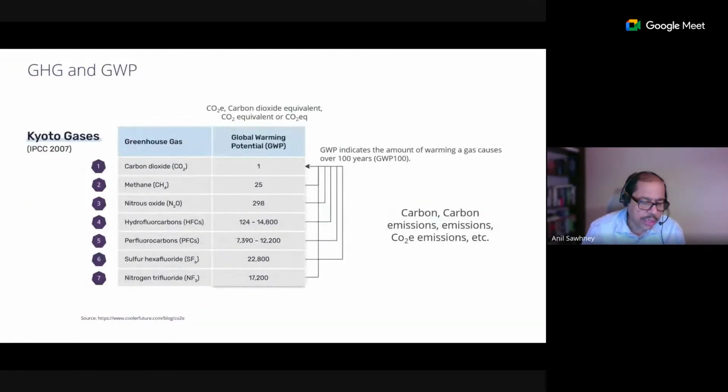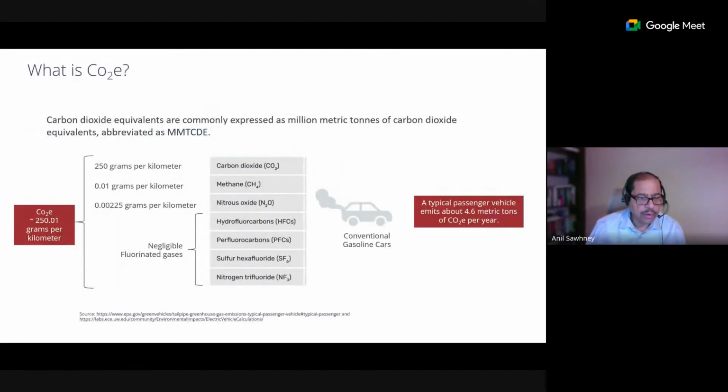But you will really not have to go into these details because we will always be calculating like this. So in this case, for a car, we have calculated 4.6 metric tons of carbon dioxide equivalent per year.